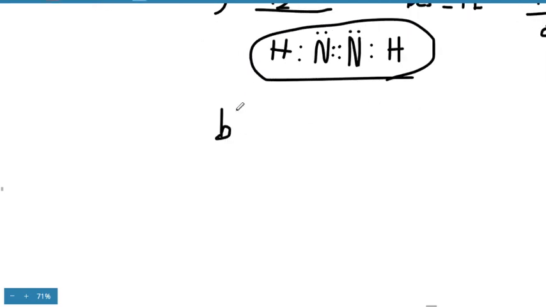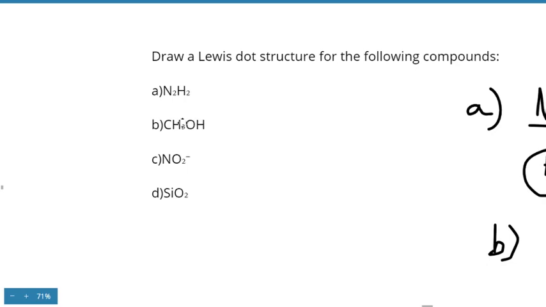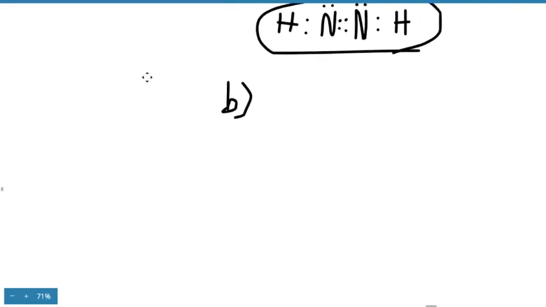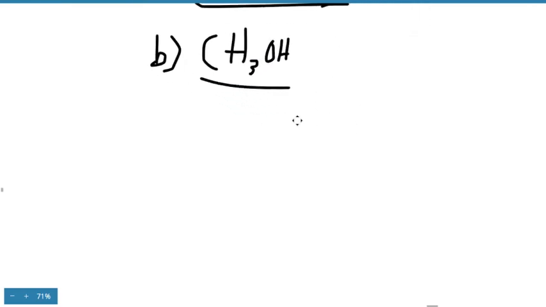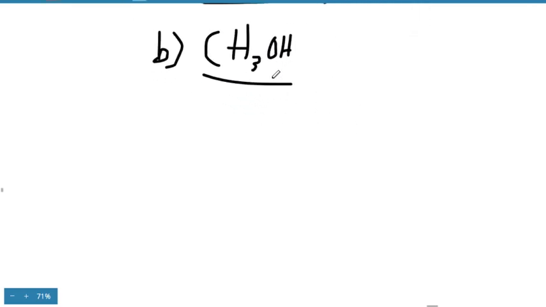Now for B, we do CH3OH. This one is a bit trickier, I think. So we start by drawing it out, placing the elements. Since we started doing organic chemistry, this shouldn't be too hard.